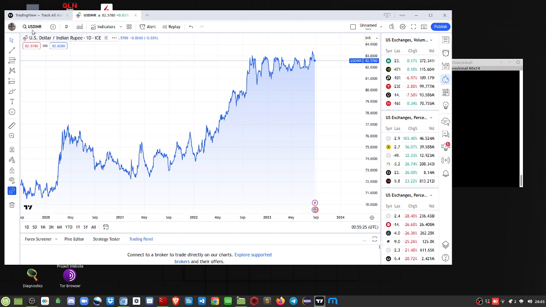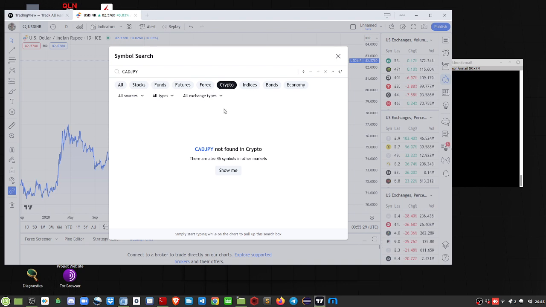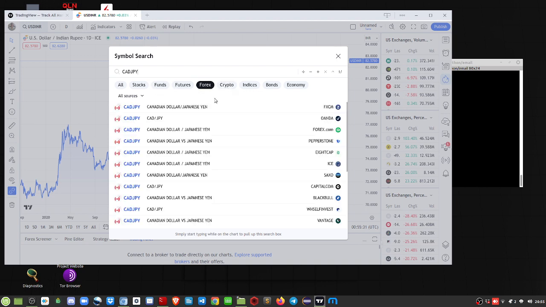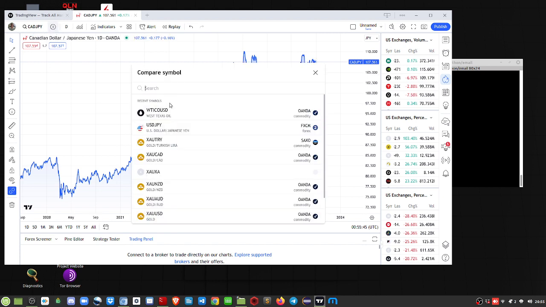Okay, so next one we have is the Canadian Japanese yen. All right, let me just stick with the Oanda source. Similar pattern as I've shown before, comparing against the USD Japanese yen.